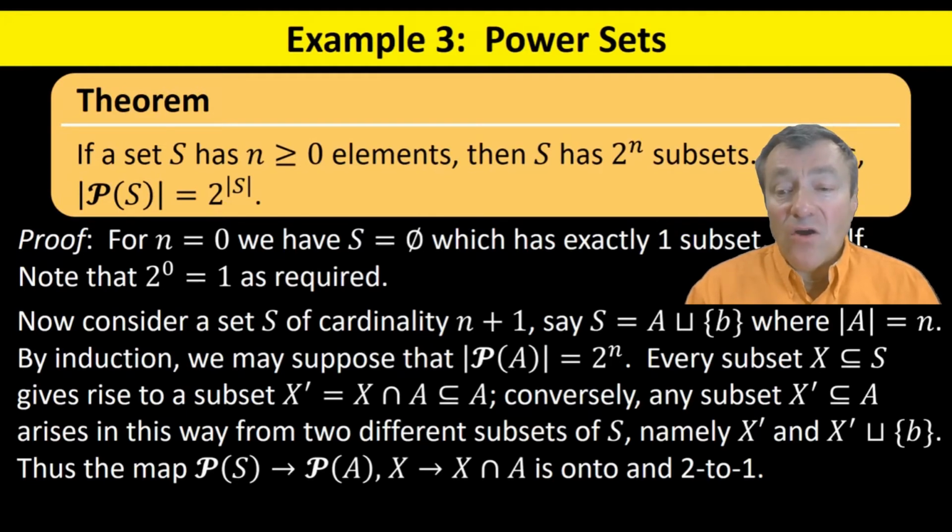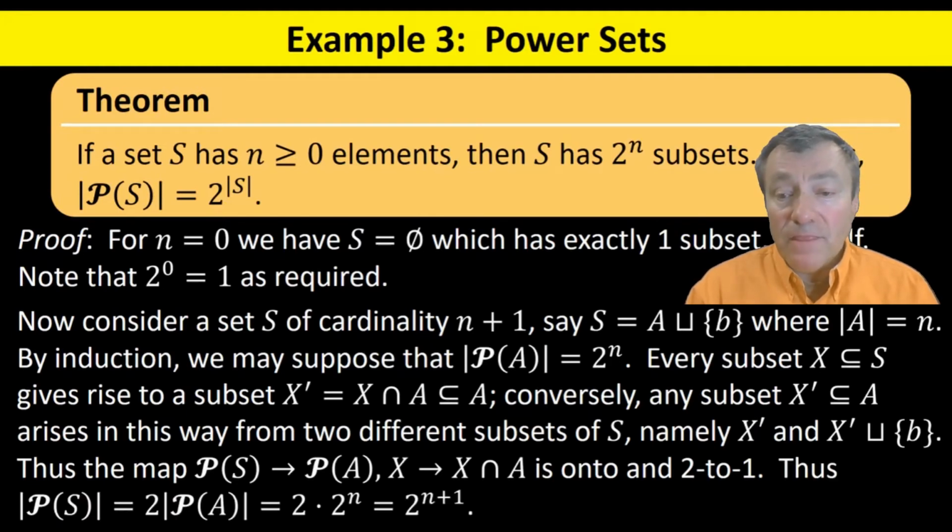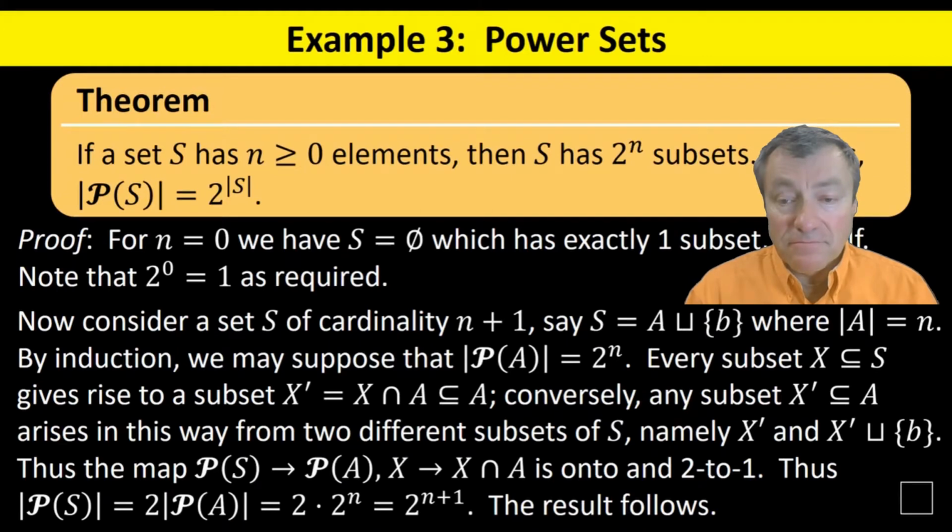And this is all the subsets of S. So the number of subsets of S is exactly double the number of subsets of A. So that's 2 times 2 to the n, which equals 2 to the n plus 1, exactly as predicted by the formula. So we're done.